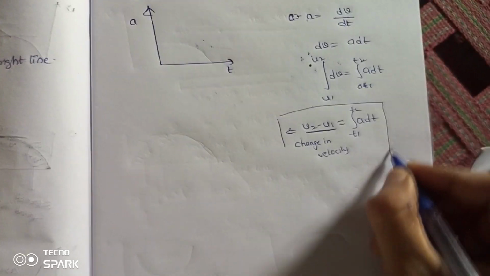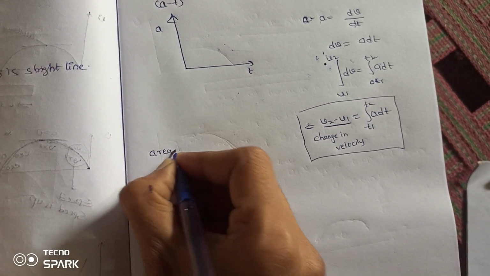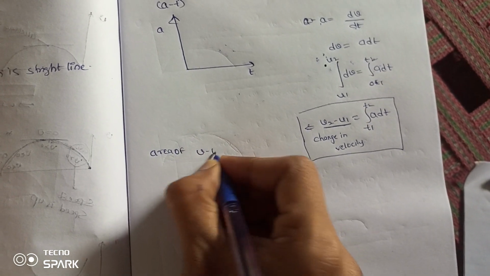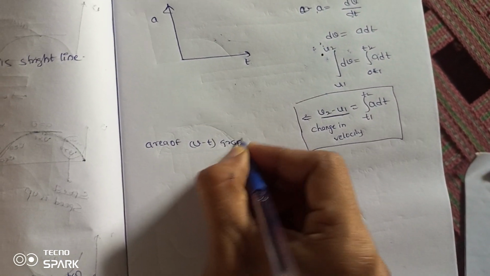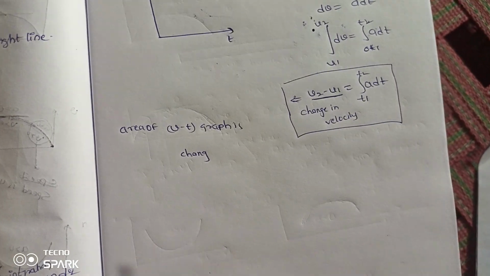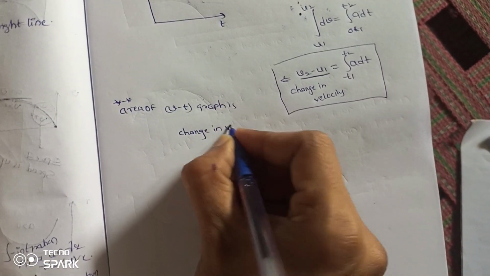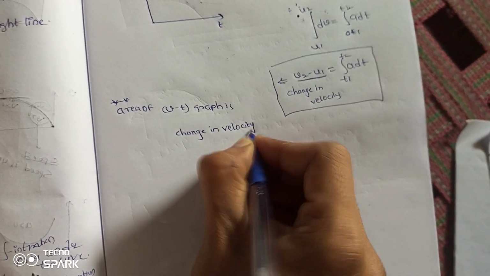It is most important: the area of the VT graph is the change in velocity, not the velocity. Important, change in velocity, not a velocity. Okay, is it clear?